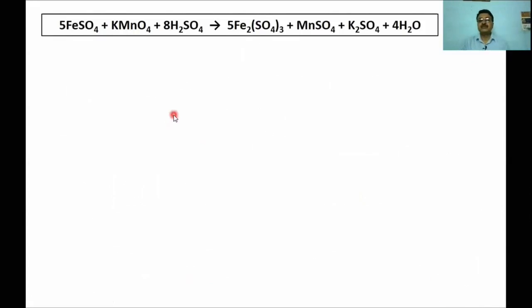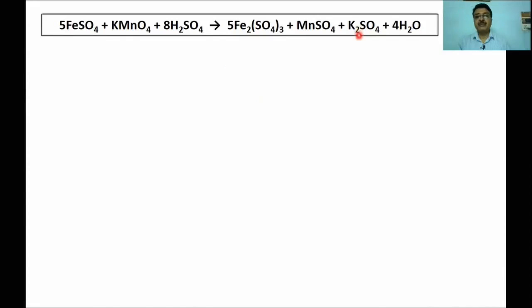This is our equation which we have obtained from the balanced redox equation, and we can see that this is not a balanced equation. Why? Let us check. Here we have 5 atoms of iron, but here we have 10 atoms of iron.